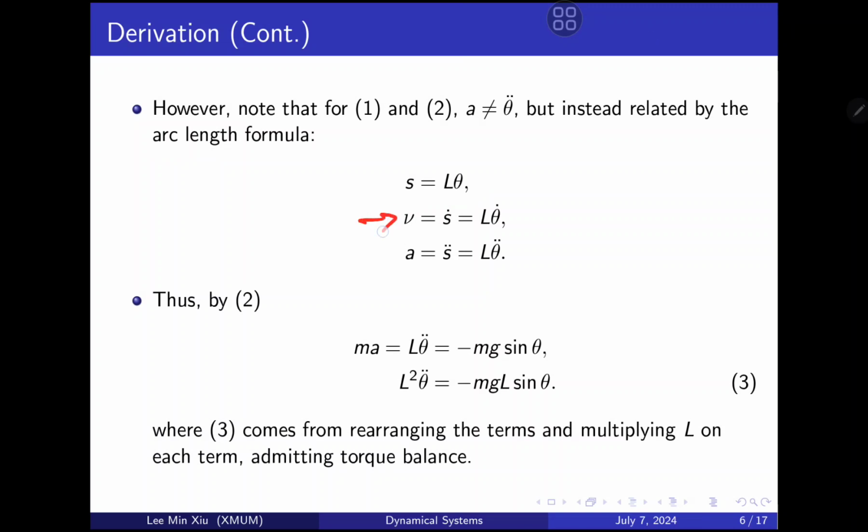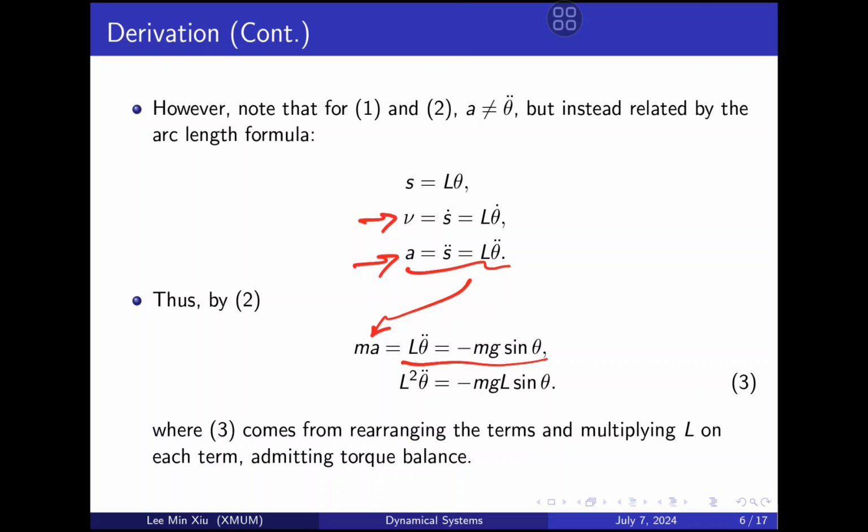Differentiate them with time once and twice, we get this. Therefore we take this and put it back into here, we get this, where this is actually the equation of forces.